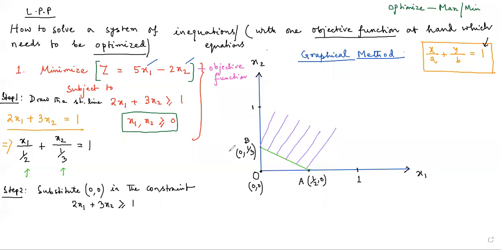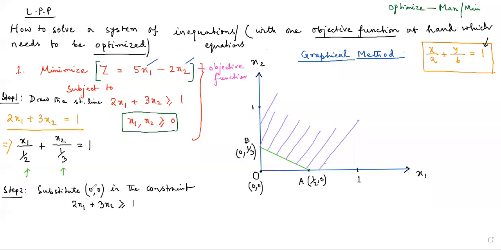And nothing will come on the second quadrant, because otherwise x1 and x2 will become negative respectively. Nothing can fall in the fourth quadrant, nothing can fall in the third quadrant. Everything will be on that side. Everything bounded by the straight line. So this entire portion will be the respective region of the given problem.